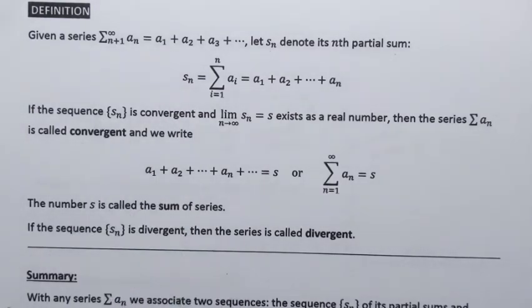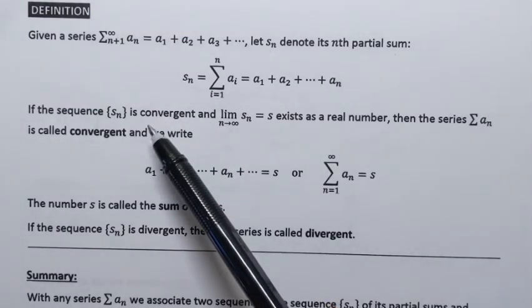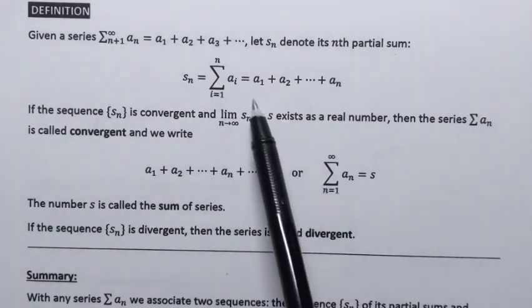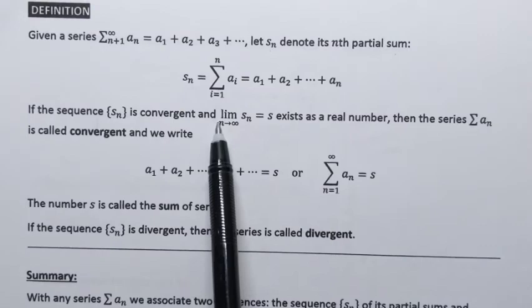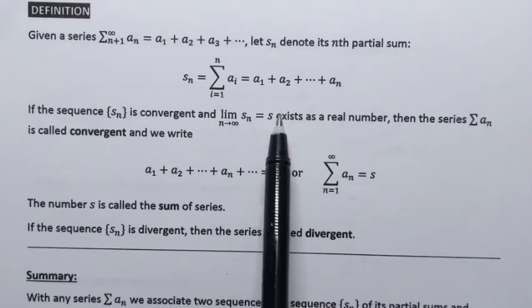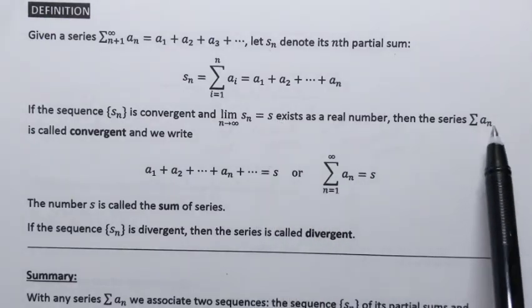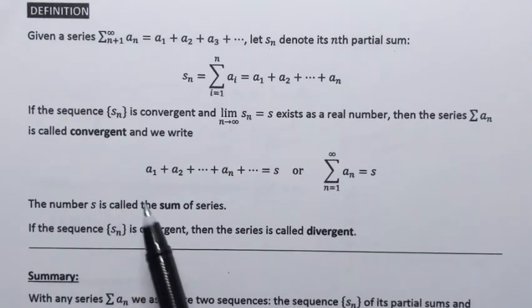So we find partial sums and we can see that they keep approaching a certain number. It also can be expressed using a limit, right? That's what we just did. So if the limit of S sub n with n approaching infinity equals some real number, then we say that the series itself is convergent.